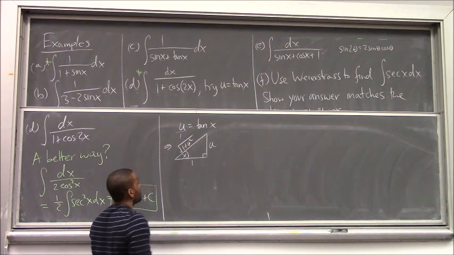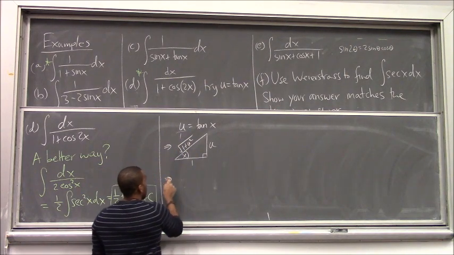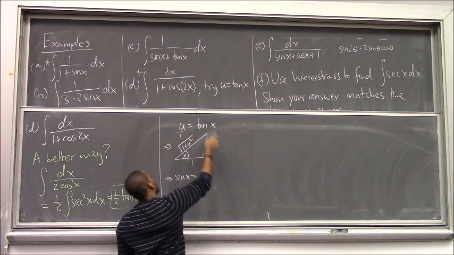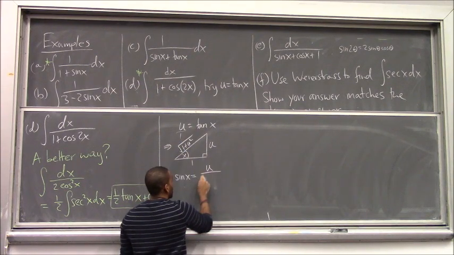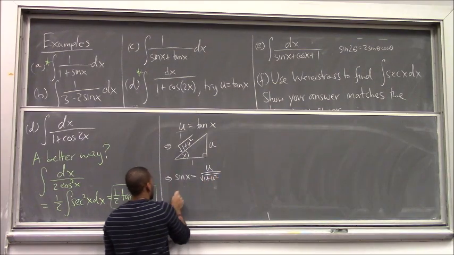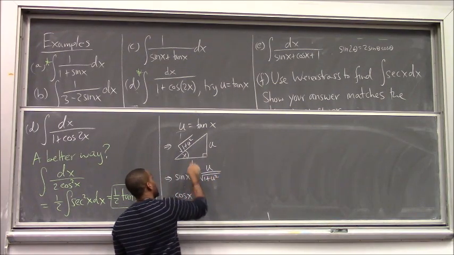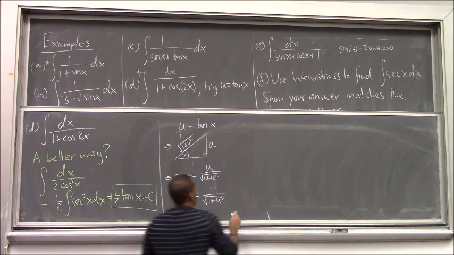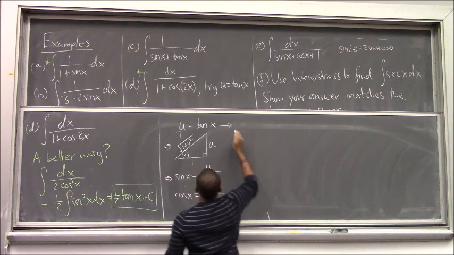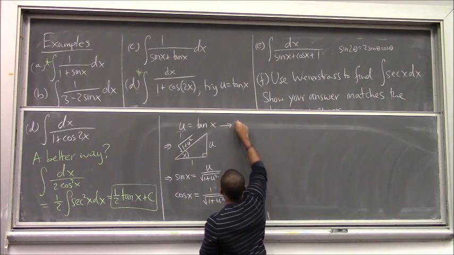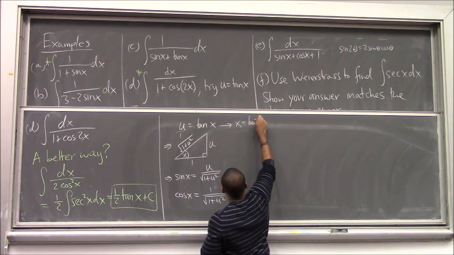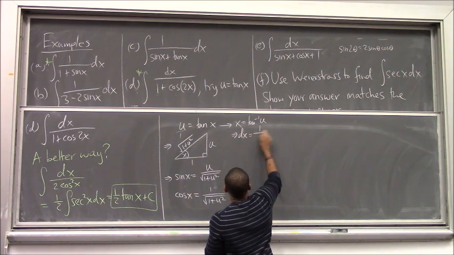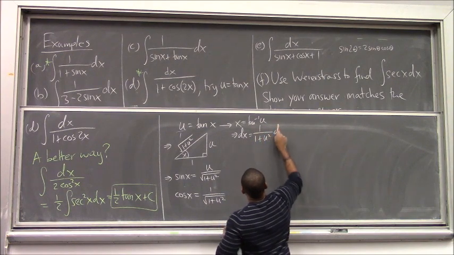From that, the sine of x is opposite over hypotenuse, and the cosine of x is adjacent over hypotenuse. I can also figure out that if x is tangent inverse of u, then dx is just 1 over 1 plus u squared du.